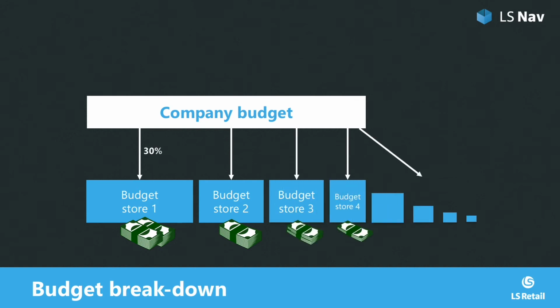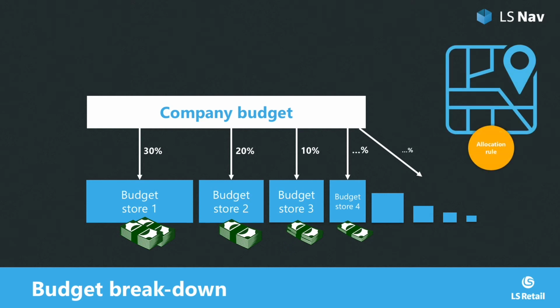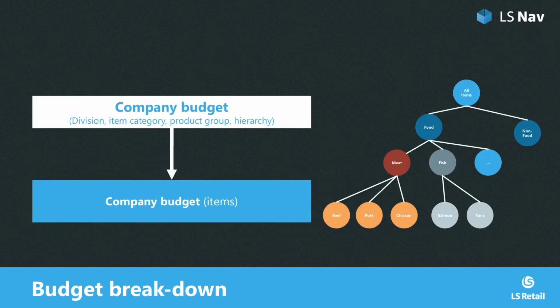To define the share, how to distribute between the stores, we use the replenishment allocation rule. This rule allows you to define the distribution shares manually or to let the system calculate the shares. The calculation can be based on store size, sold quantity, or turnover in comparison periods for selected groups of items.